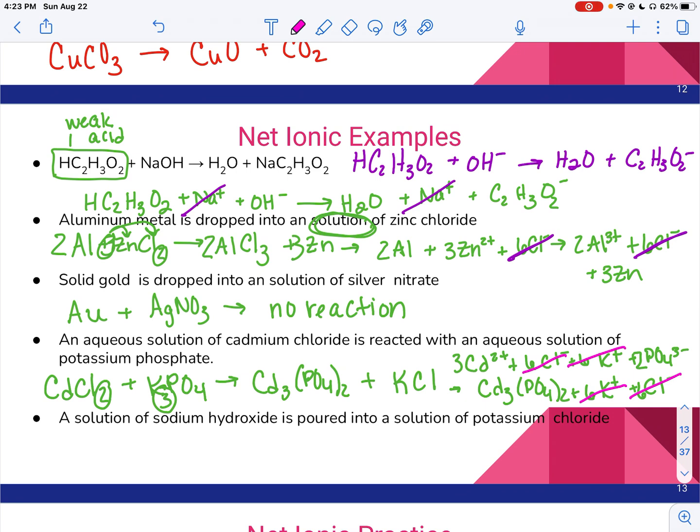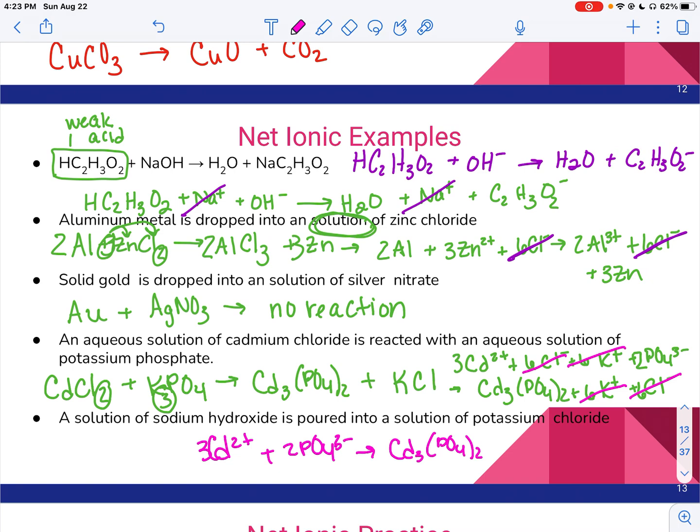So our net ionic equation, which I'll just write down here and then erase, is going to be 3Cd2+ plus 2PO4 3-, and then that gives you Cd3(PO4)2, okay?